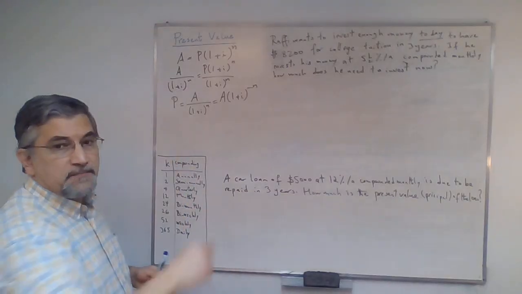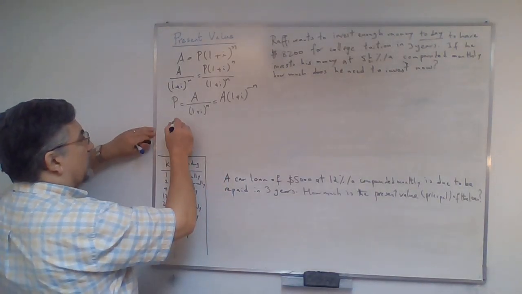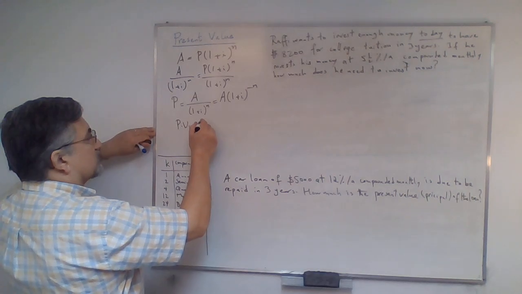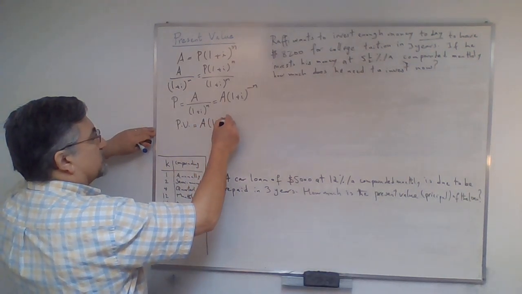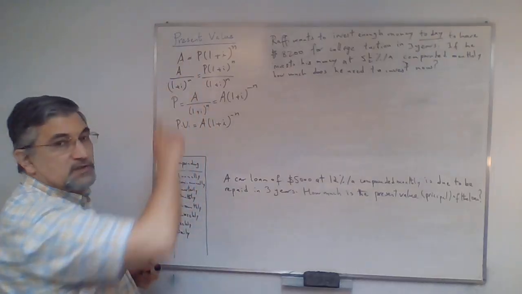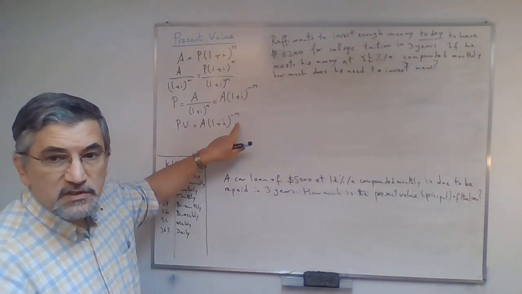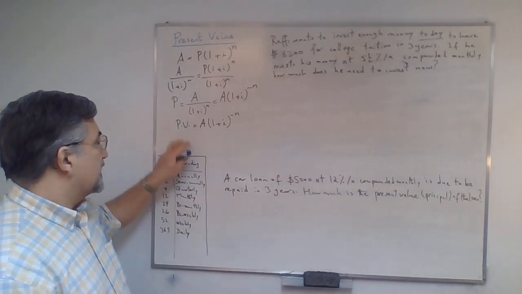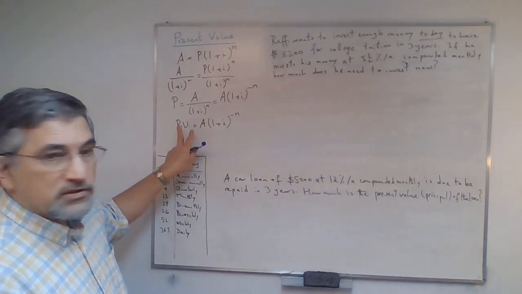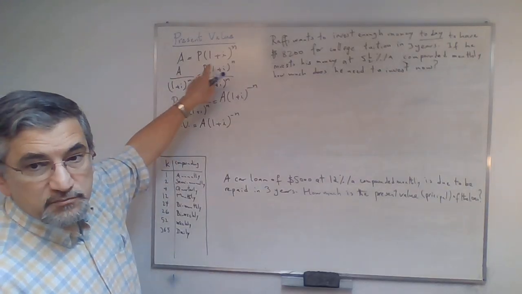This P is also known as present value. So we write PV equals A times 1 plus i to the exponent of negative n. This is very similar to the compound interest formula, except that the exponent is negative this time, and the location of P and A are actually interchanged. We had A equals P times the bracket.